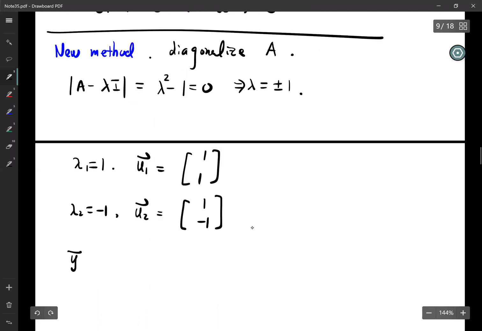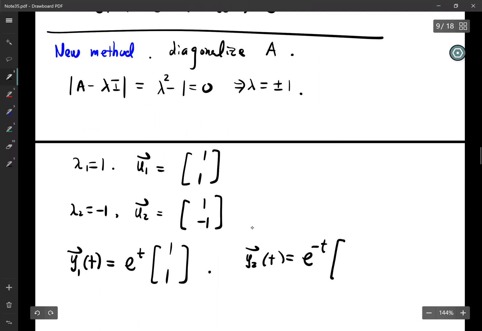Now I know the solution takes the form: y1t is exponential t times 1, 1, and y2t is exponential minus t times 1, minus 1.